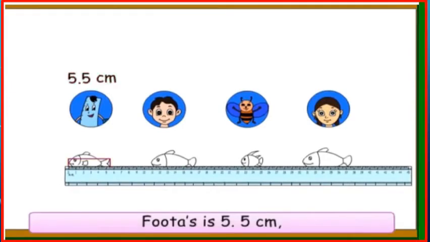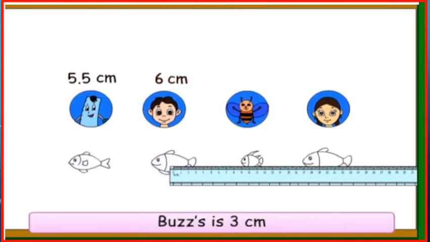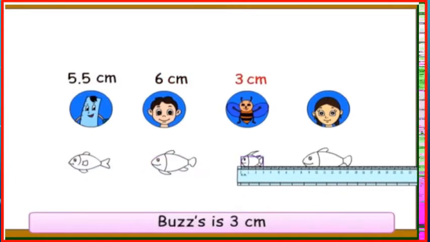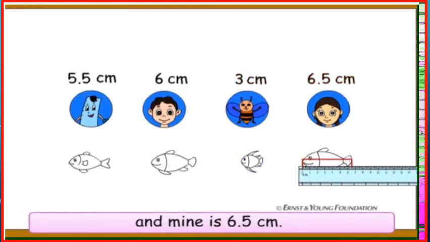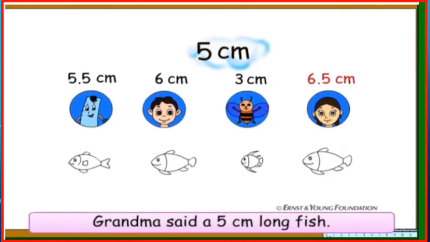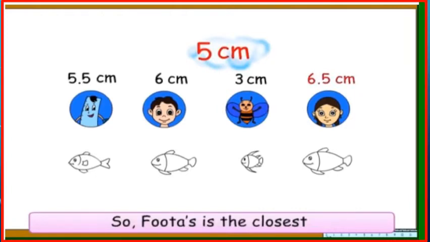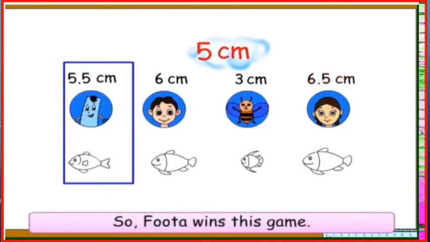Futta's is 5.5 centimeters, Chinu's is 6 centimeters, Buzz's is 3 centimeters, and mine is 6.5 centimeters. Grandma said a 5 centimeter long fish. So, Futta's is the closest to the given length. So, Futta wins this game.